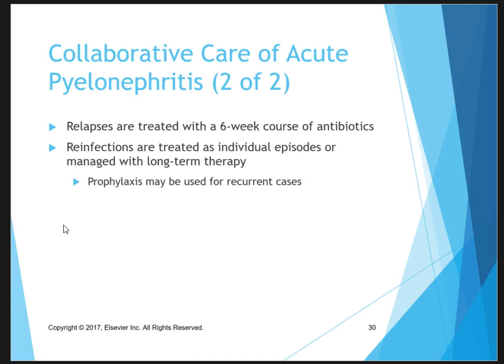It's common to get a relapse with this because, again, pyelo can seem like it goes away, but it doesn't completely. So sometimes they have to be put on a 6-week course of antibiotics. I saw a lot of patients in home visiting getting the antibiotic at home for pyelo.